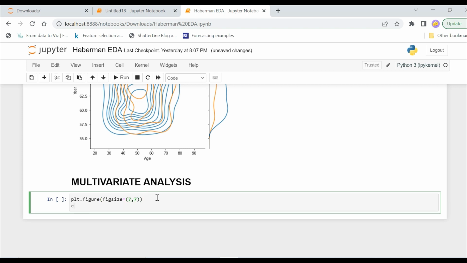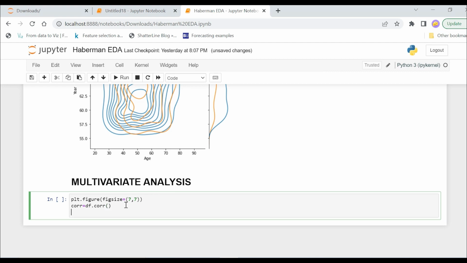And you just need to make the pivot table here, which is df.corr, and then you can use sns.heatmap, then you can use this pivot table here, then you can use tick labels, core.columns, the same.